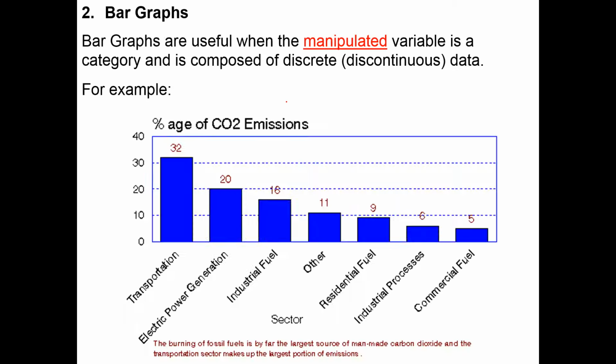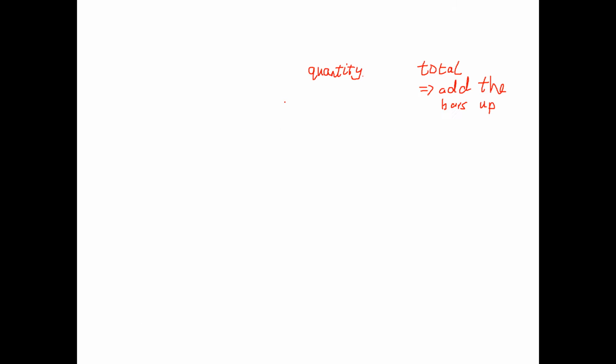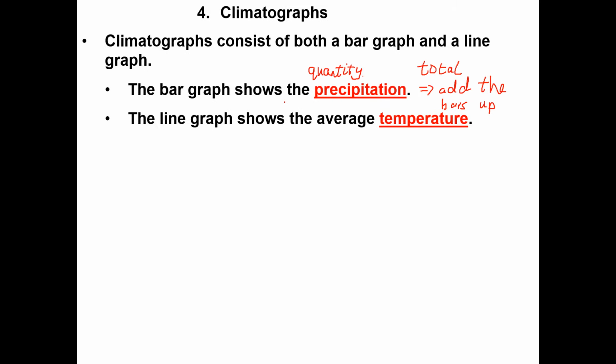That's what we focus on. It's discrete data. I want to look at the raw quantity, how much precipitation it is.